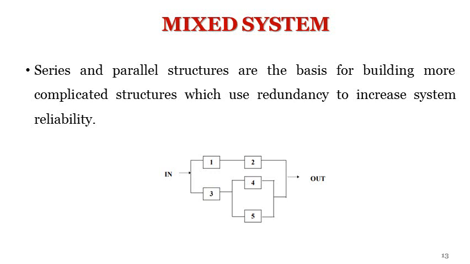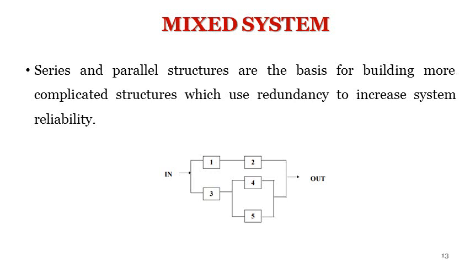Third structure, mixed structure. Here the series and parallel structures are connected together to increase the reliability. As shown in the figure, component 1 and 2 are connected in series, component 4 and 5 are connected in parallel, and component 3 is connected in series with the combination of component 4 and 5.